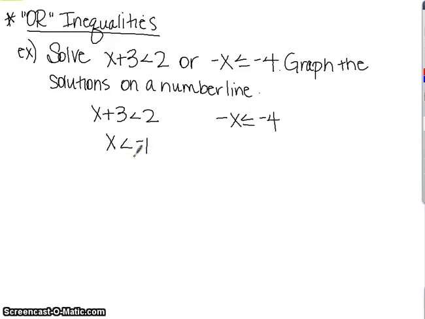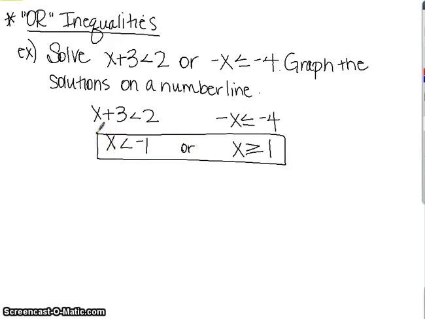And then if I divide, now be careful because you're dividing by a negative 1, it's going to flip the sign, make it a positive 1. Now with an or inequality, you can just leave it like that. That's your answer. If it starts out separate, leave it separate. If it starts out together, then you want to put it together.